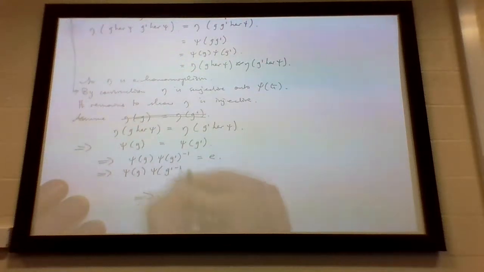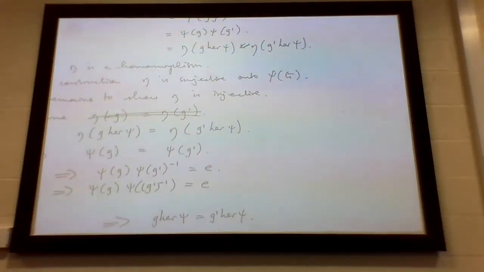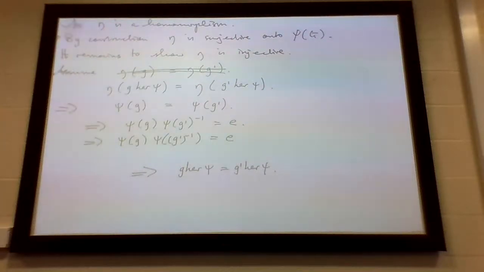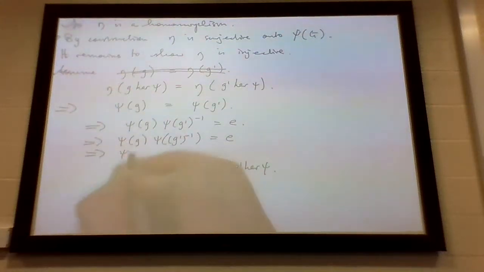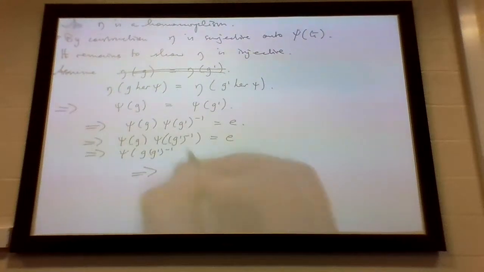This is the inverse of the element G prime. But psi is a homomorphism, so that implies psi of G times the inverse of G prime equals the identity.